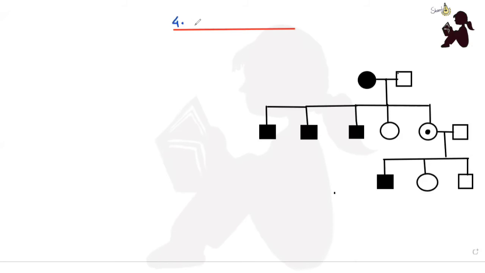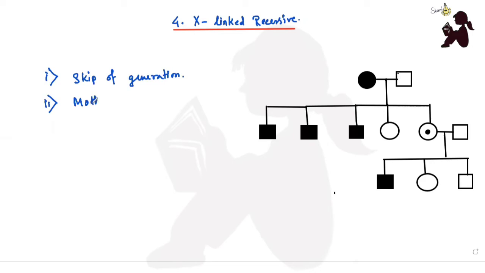Then the fourth condition is the X-linked recessive condition. Here in this condition, we can see skip of generation. We can see that the disease is mostly transferred from the mother to the son.